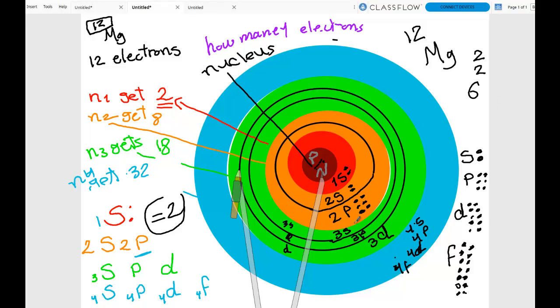So the last 2 will go in 3s. So for magnesium, it will be 2 for 1s, 2 for 2s, 6 for 2p, and 2 for 3s.